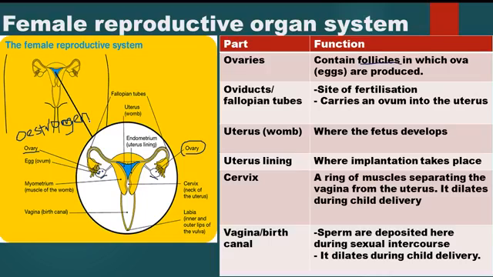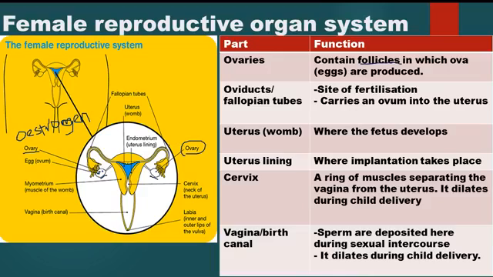The first function, production of the eggs, the female sex gametes. The second function, estrogen, the female hormone, is produced in the ovaries.